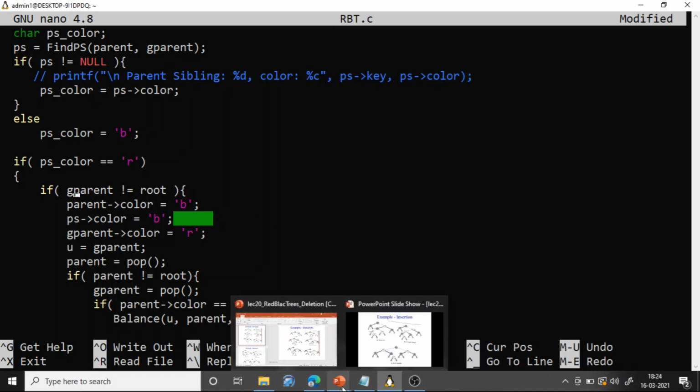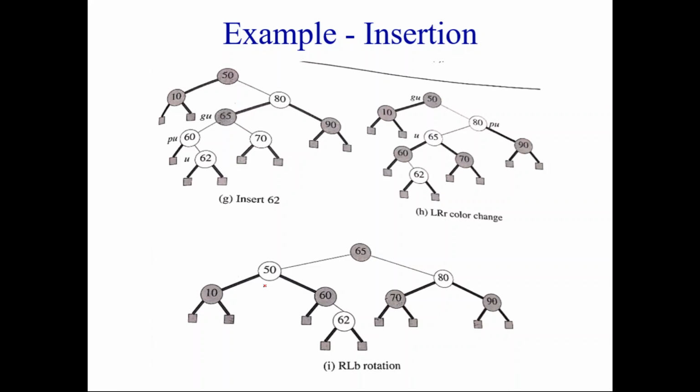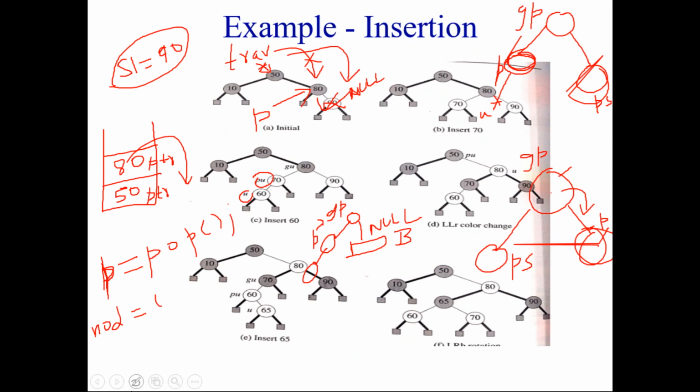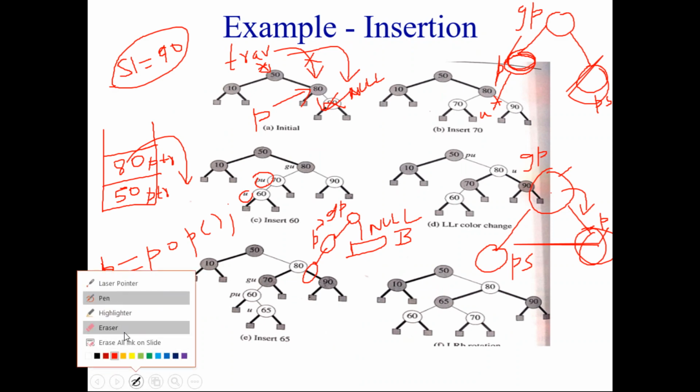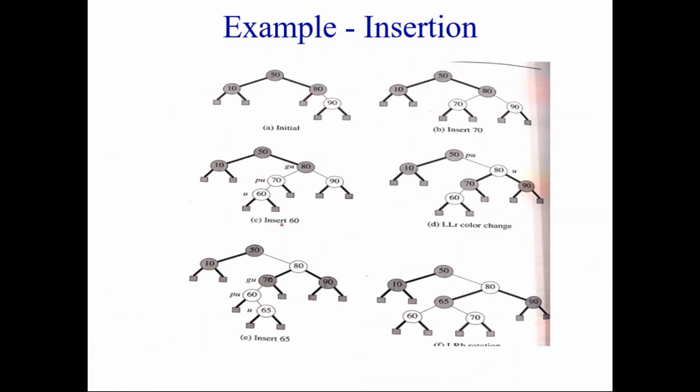So you just recall, if the parent sibling is red, what should you do? Take for example this case. New node is 60. Parent is 70. Parent sibling is 90. Parent sibling color is what?